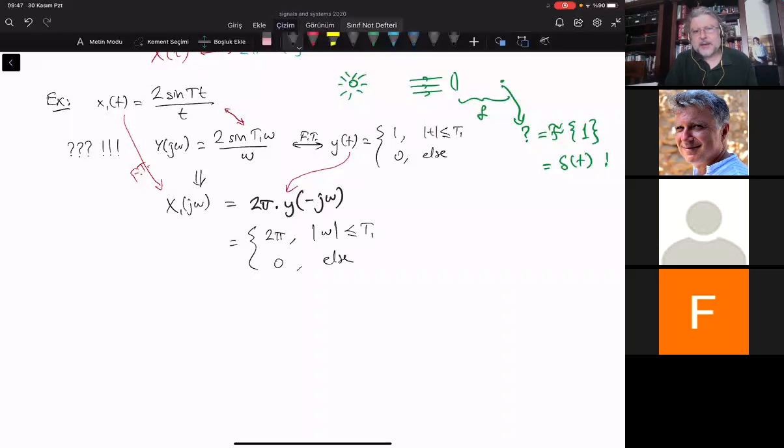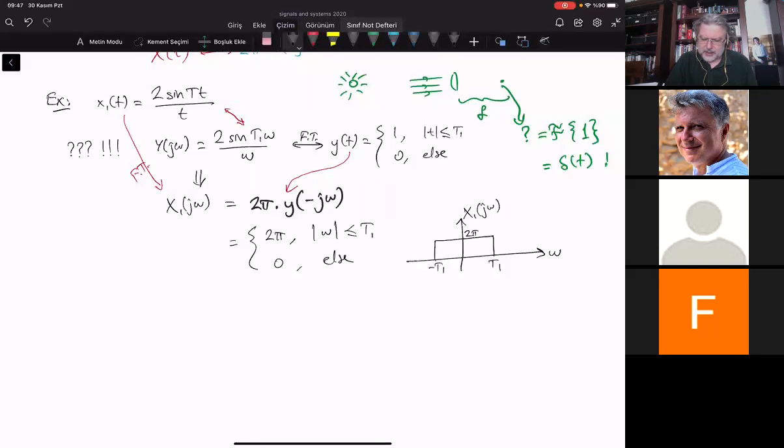So this is the Fourier transform of the sinc. What is it? It's a rectangular box. On the omega axis, on the frequency axis, it's a rectangular box with a magnitude of 2 pi. So I'm drawing x1 of j omega from minus T1 to plus T1.